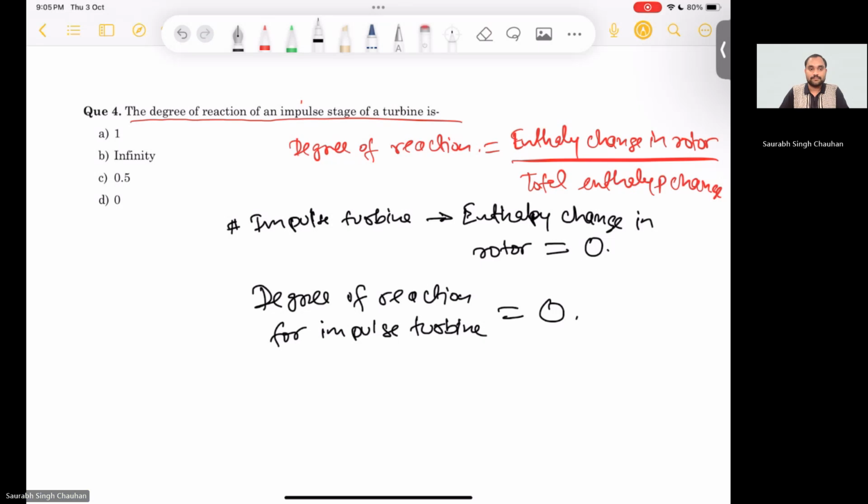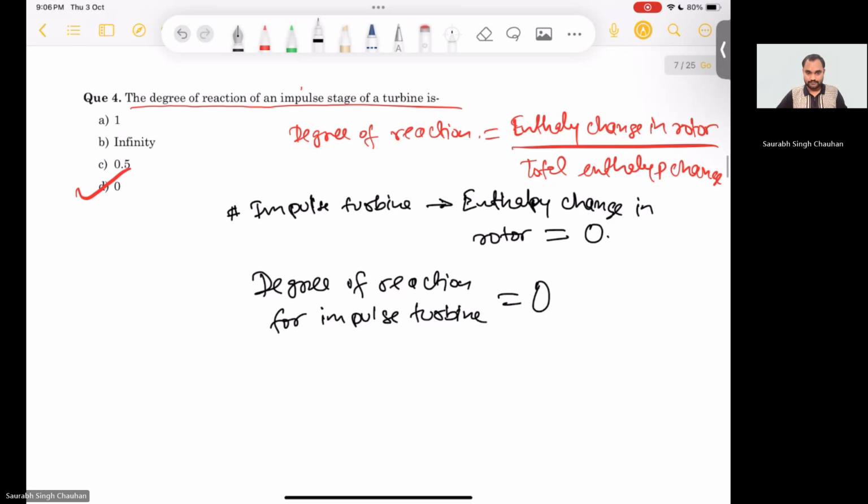Okay, so the correct option is the last option, zero. If it is clear, then we can move to the next question.